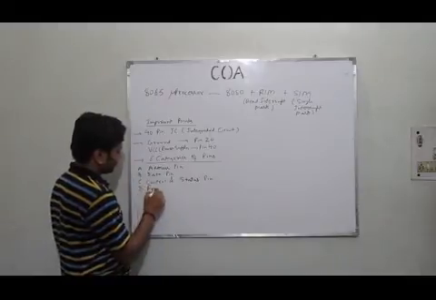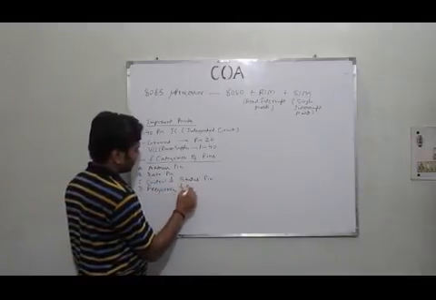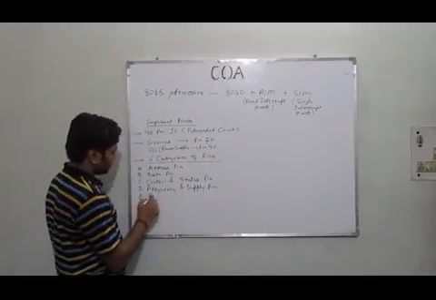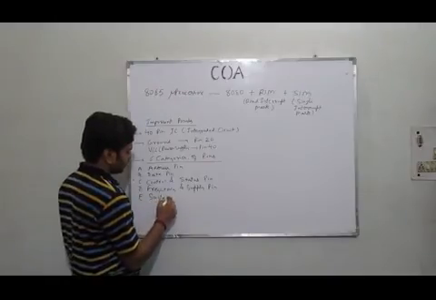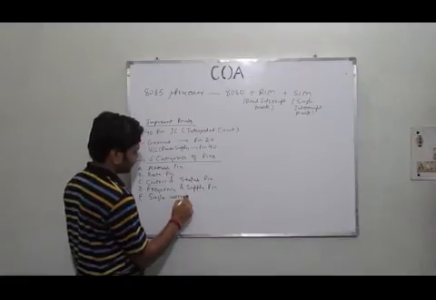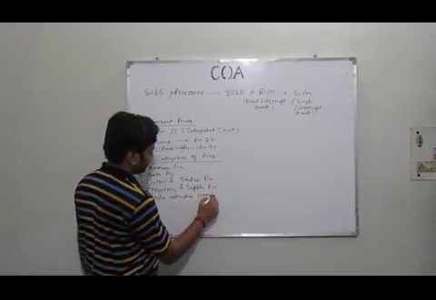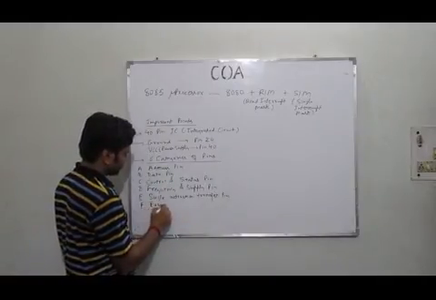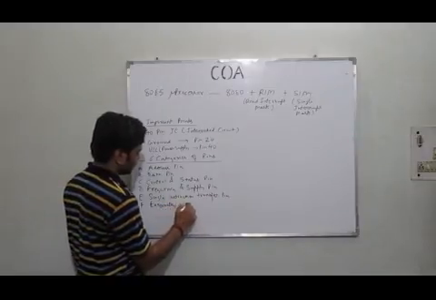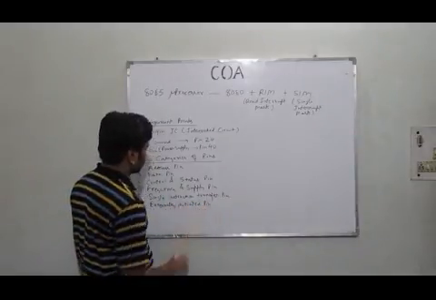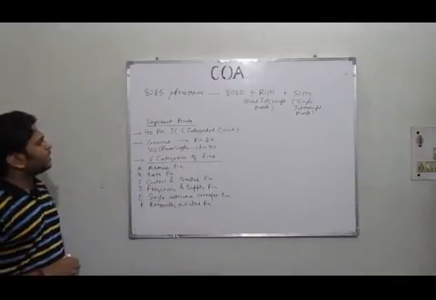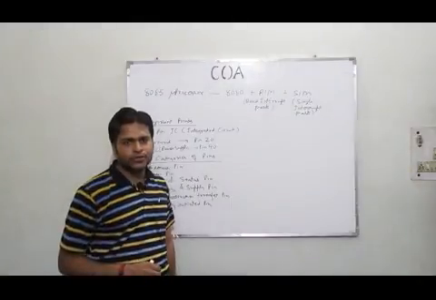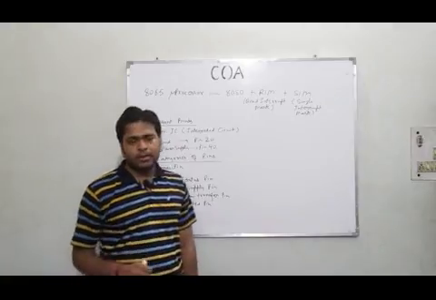Then frequency and supply pins, then serial instruction transfer pins, and finally externally initiated pins. So these are the 6 categories of pins that we have in the 8085 microprocessor. Let us talk about the basic architecture of the 8085 microprocessor in our coming lecture.